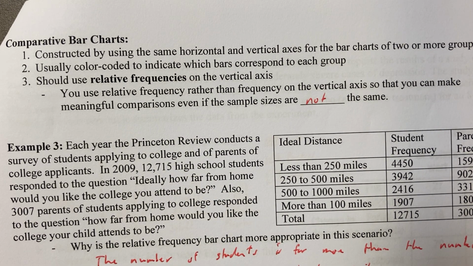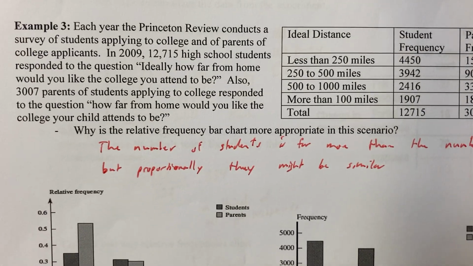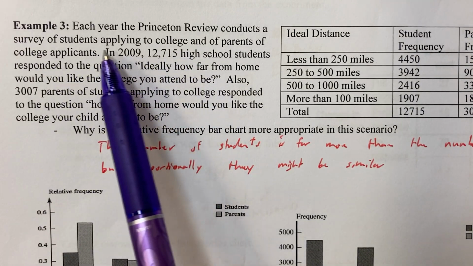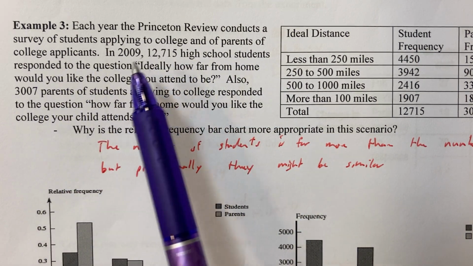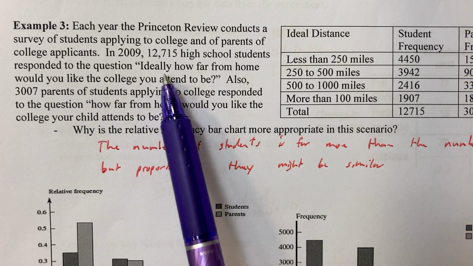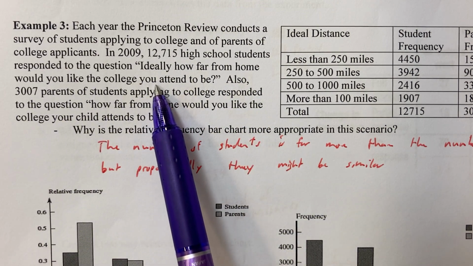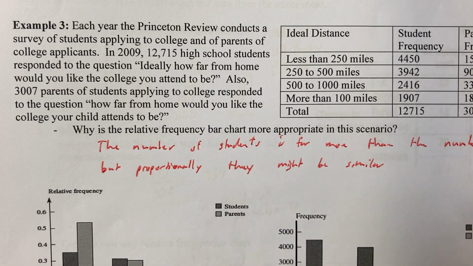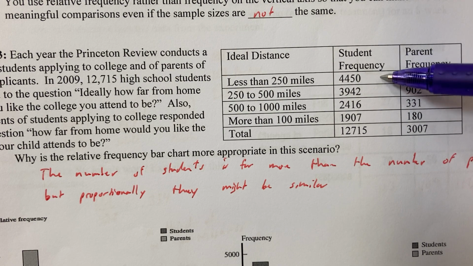Okay, so here's an example. We have the students applying to college, and of parents, we have 12,715 high school students who responded to the question, ideally, how far from home would you like the college you attend to be? So this was the students' response to the question, how far away from home?